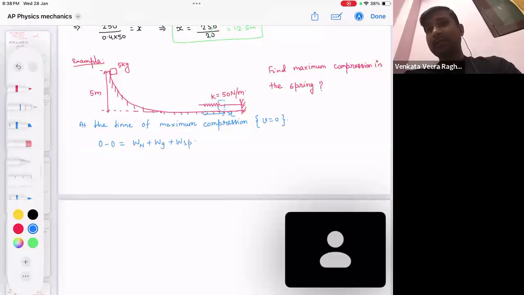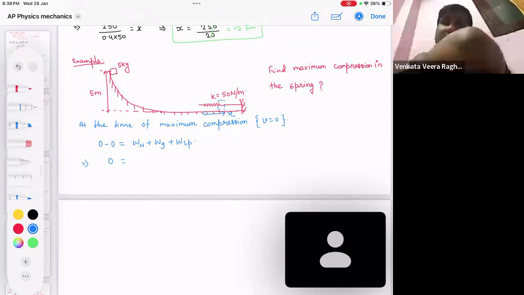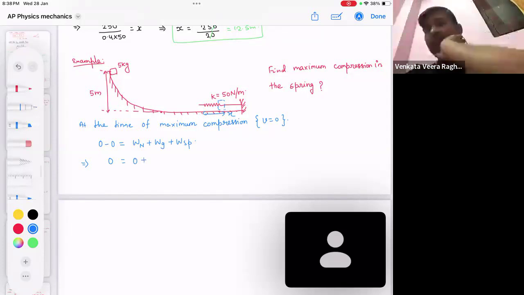These are the three forces. What is the work done by normal? Again, normal is always perpendicular to the displacement, so the work done by normal will come zero.